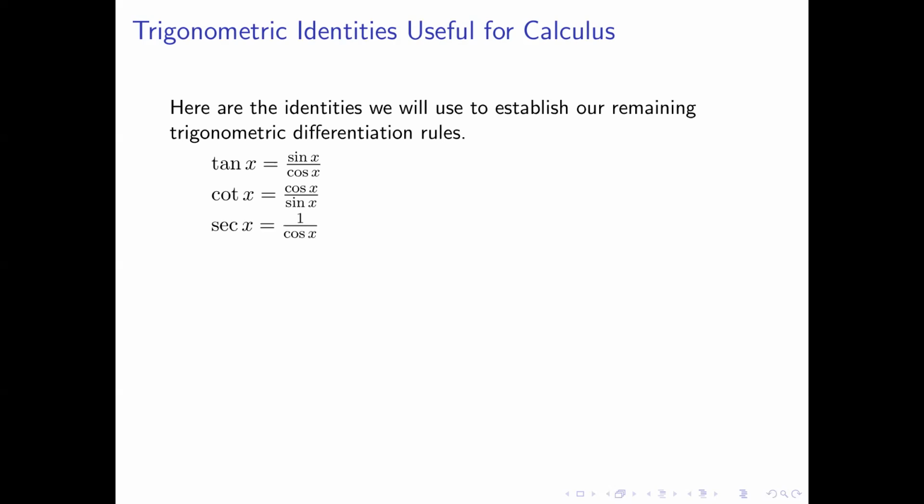There's an identity that says that the secant of x is 1 over the cosine of x, and a similar one that says that the cosecant of x is 1 over the sine of x. These last two are sometimes called reciprocal identities. Finally, there's this identity, the sine squared of x plus the cosine squared of x equals 1.